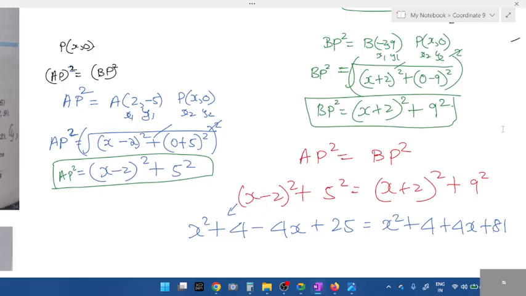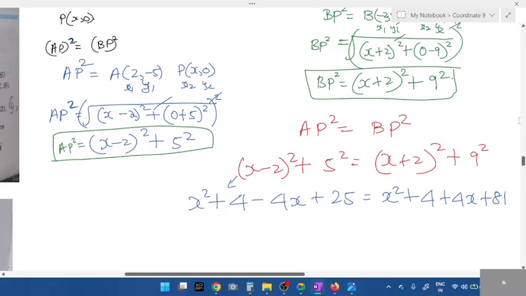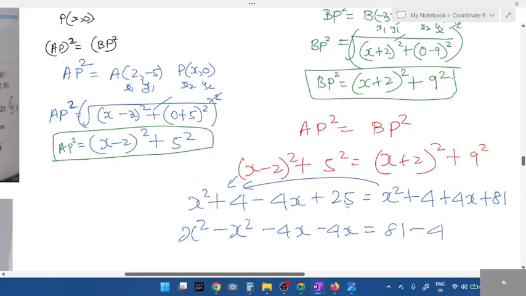All of you done? What's the value, students? Shift all the x square, minus 4x minus 4x. 81 plus 4 goes to the other side, minus 4. Okay, then we already have a plus 4 here. Plus 25 minus 25, these two get cancelled.